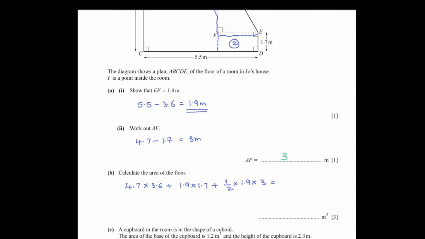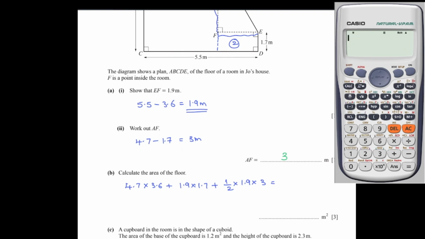Do that and find out. 4.7 into 3.6 plus 1.9 into 1.7 plus half into base 1.9 and height 3 for the triangle.